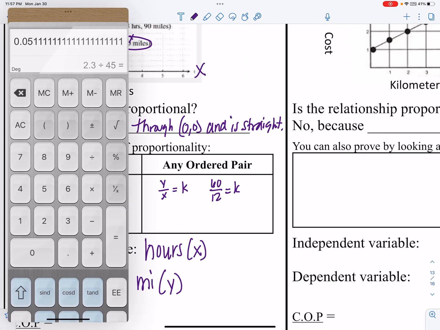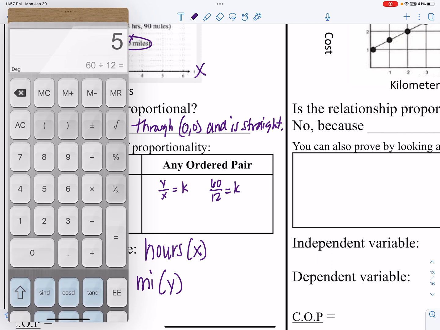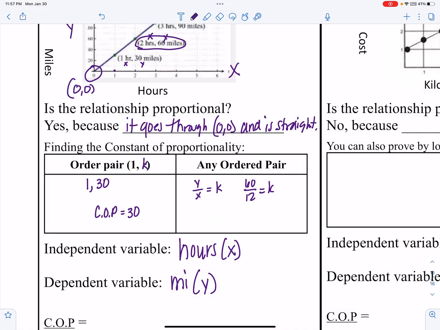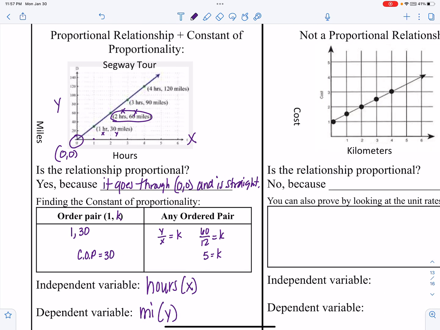My calculator's over here now. 60 divided by 12. We already know what that is, but I'll type it in anyway. And you also get 5. All right, and so 60 divided by 12 equals 5. Okay, so 5 is my constant of proportionality.